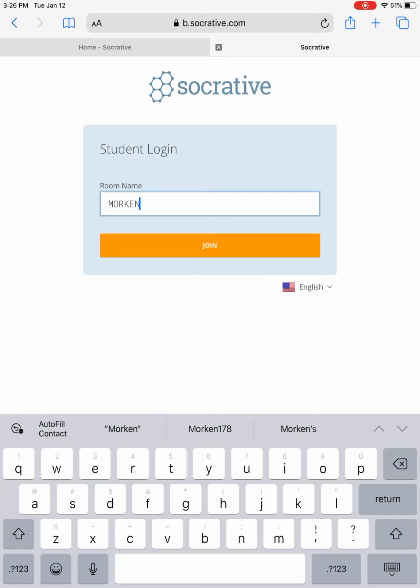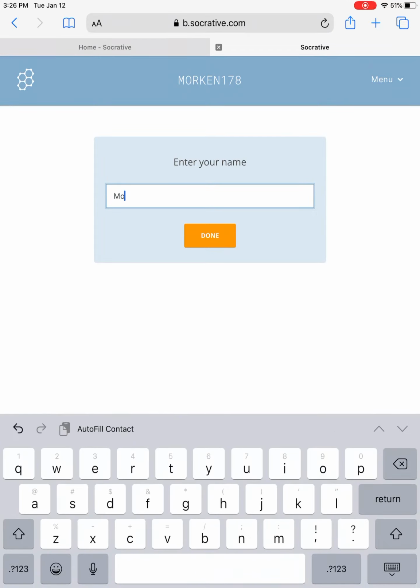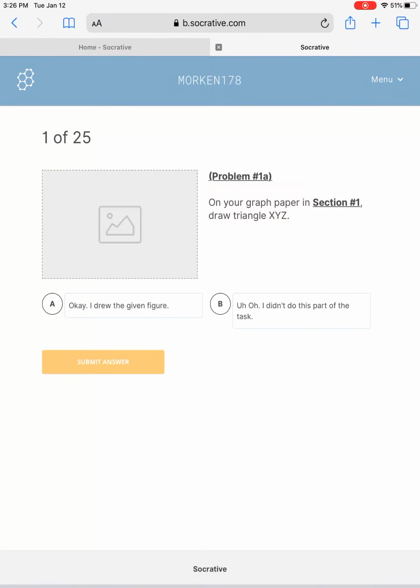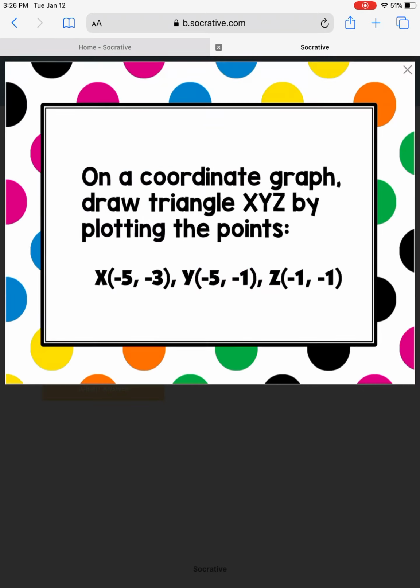The room name is Morken, M-O-R-K-E-N, and then 178. Hit join. You're going to enter your name. I'm going to put in Morken, and then you're going to get the questions pulled up. If you want to zoom in, you can. We're going to follow these task cards one step at a time.